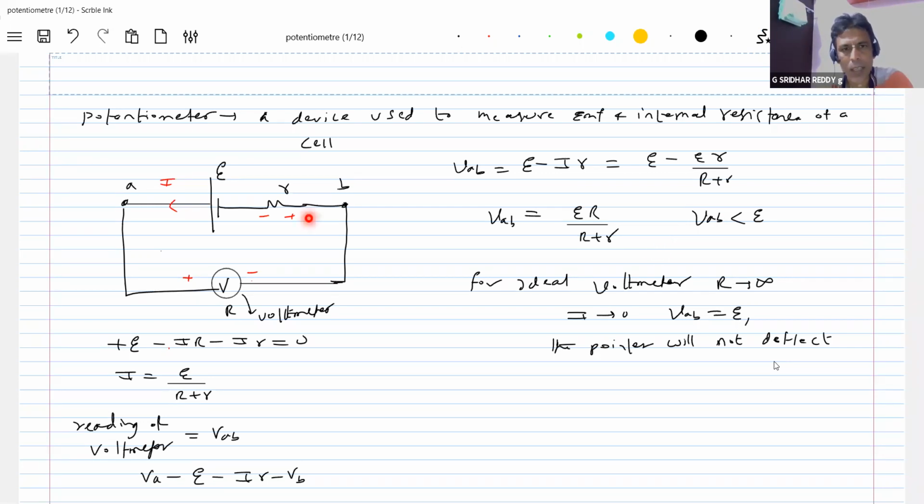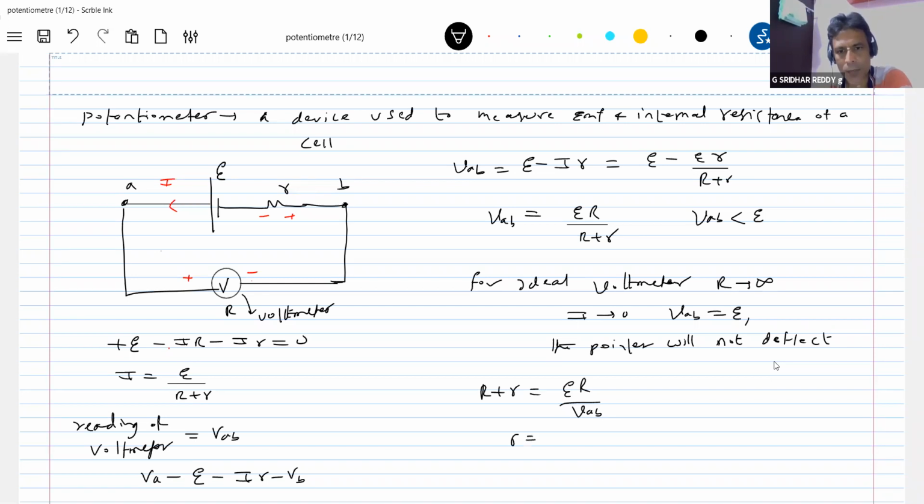Similarly, let me try for the internal resistance of a cell. I want to measure the internal resistance of the cell. I'm going to take help of this particular formula: r plus R equal to ER by VAB.